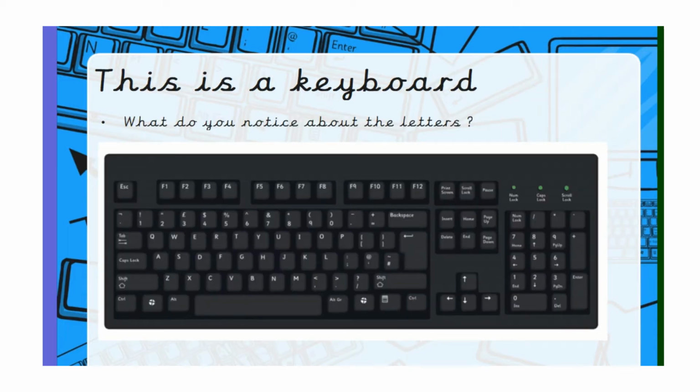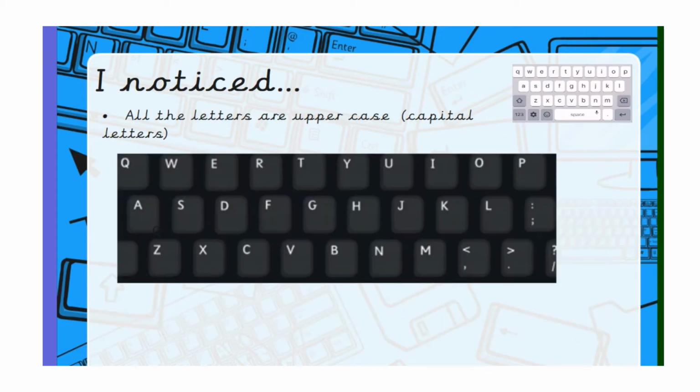So this is a keyboard. Have a look and tell me, what do you notice about the letters? Here are the letters here. What do you notice? Okay, I wonder if it's the same things that I noticed. I noticed that all the letters are uppercase. Did you notice that?